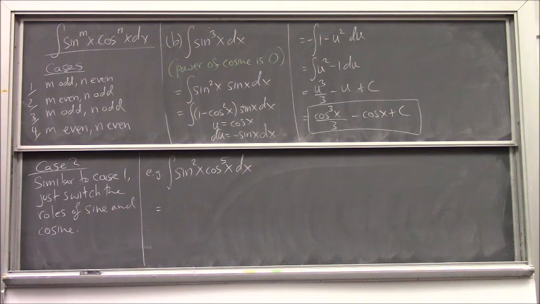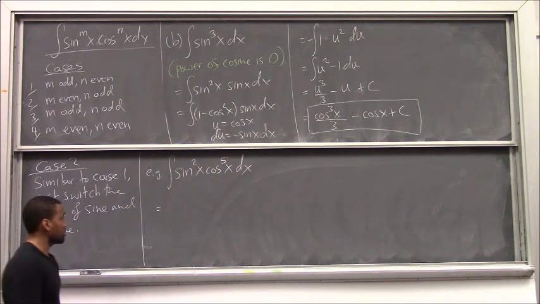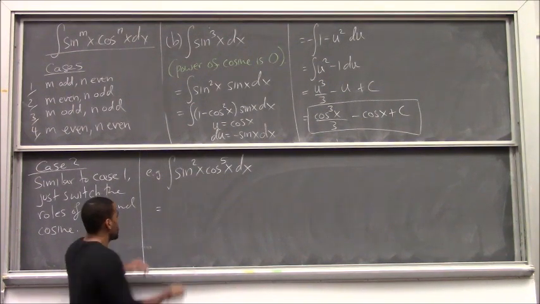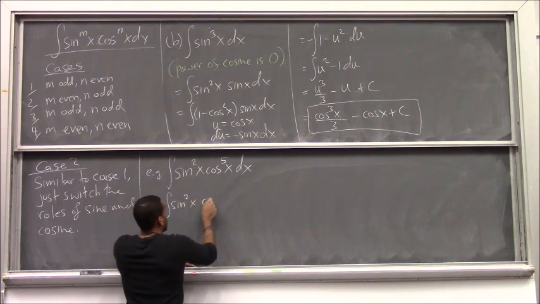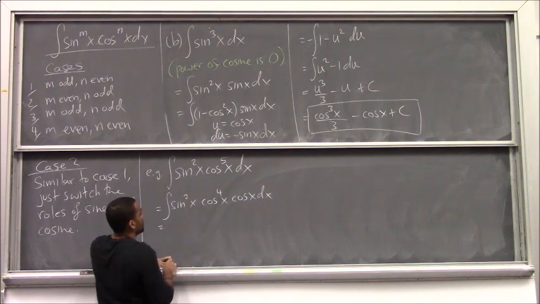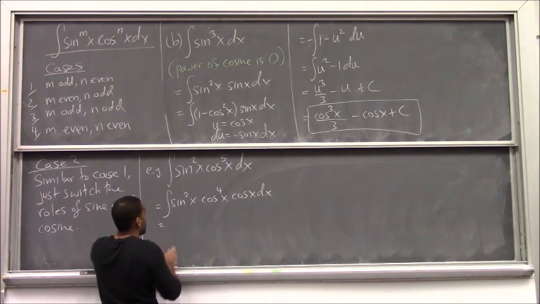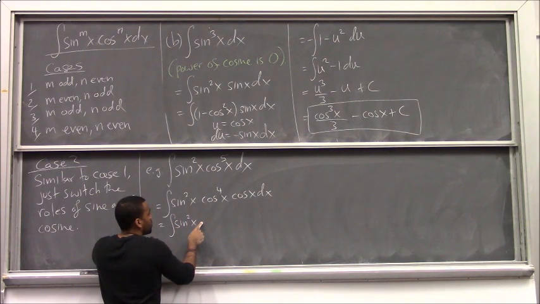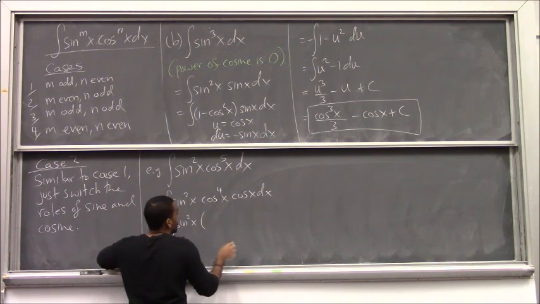What do we want to do here? This is going to be 1 minus sine squared x, squared, quantity.